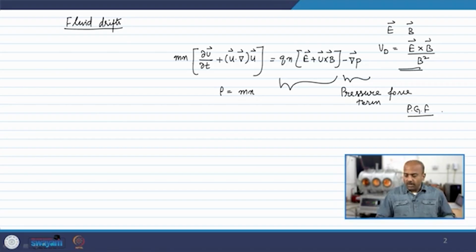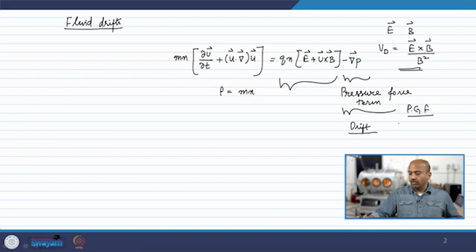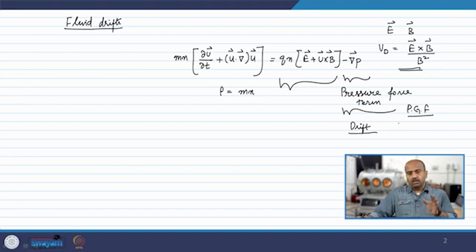Now, we never came across this pressure force and we do not know what the effect of this force on the particle drift will be. If we now include the effects of the pressure force and get a modified drift velocity expression, then our understanding is consistent with the particle description.